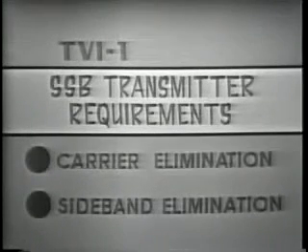So we see that the requirements of a single sideband transmitter must be elimination of the carrier and elimination of one sideband. Now let's take a look at the way this is done.